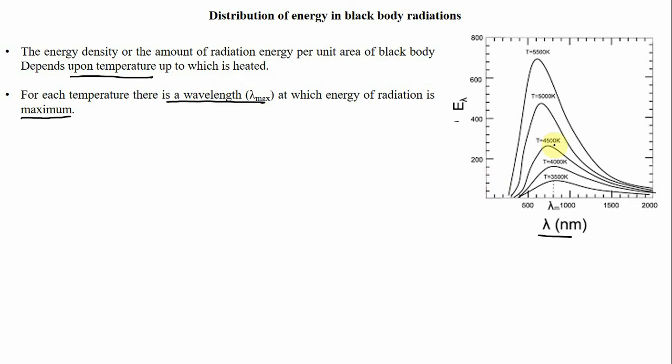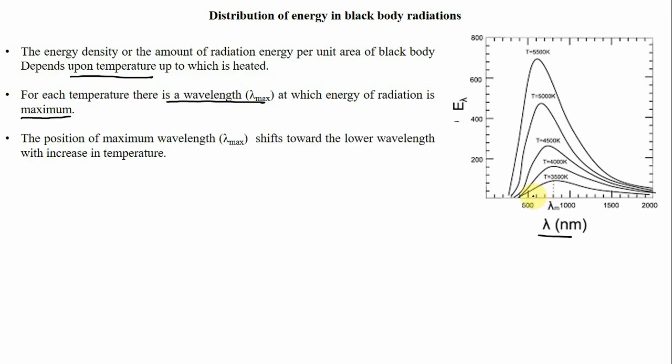But if you heat it at a very high temperature, you can see this wavelength shifts towards the lower value. So at 5500 Kelvin, the energy density is maximum at a wavelength of around 600 nanometer. So the position of this maximum wavelength, or the lambda max, shifts towards the lower wavelength with increase in temperature.